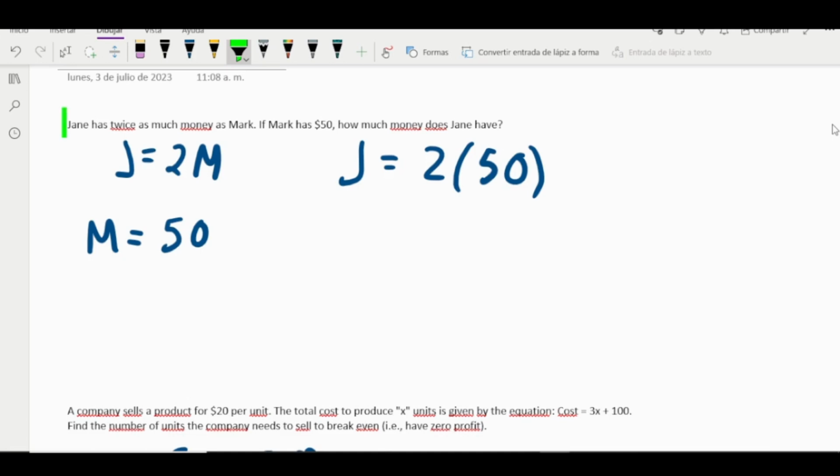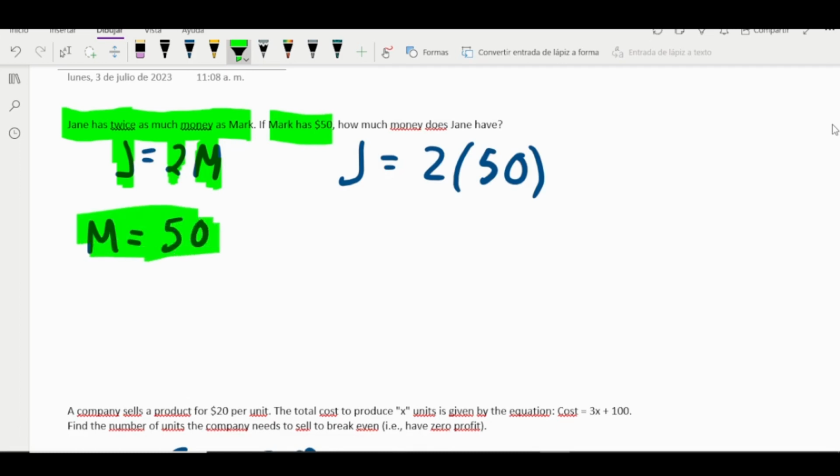If we check the first sentence, Jane has twice as much money as Mark, J represents Jane and M represents Mark. So here we put the 2 because it's multiplying the value of Mark. Okay, and we know Mark is $50. So in this case we say M equals 50.